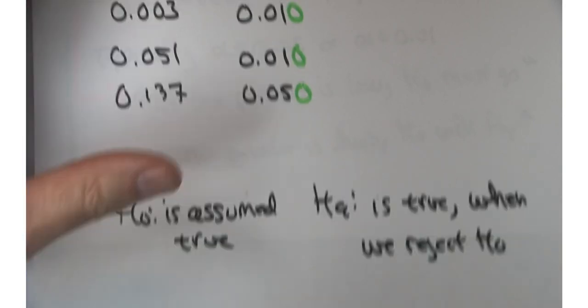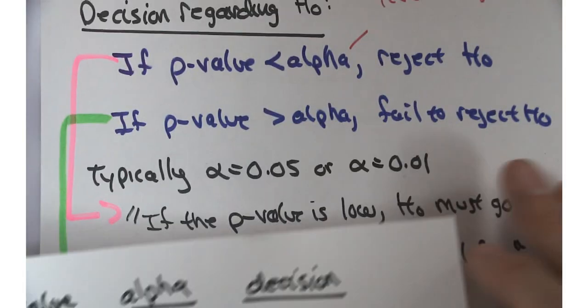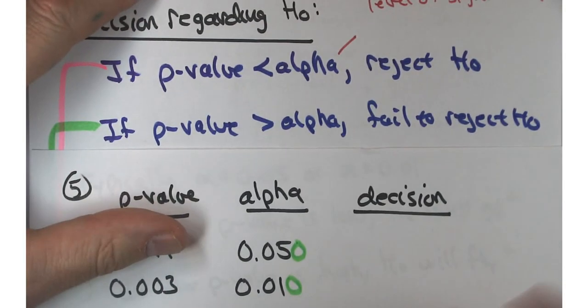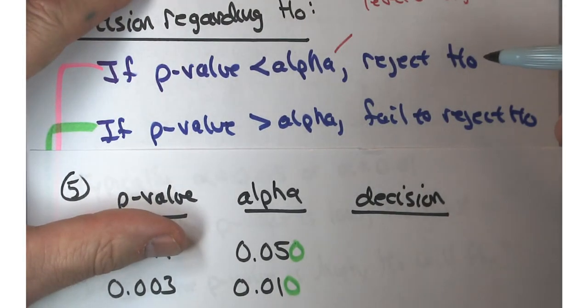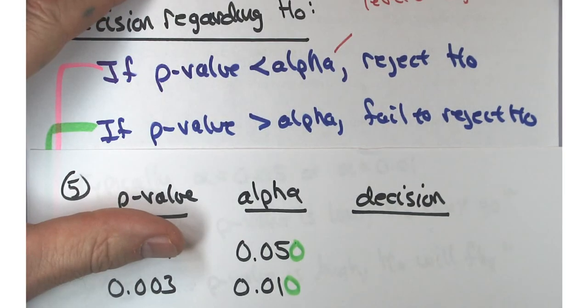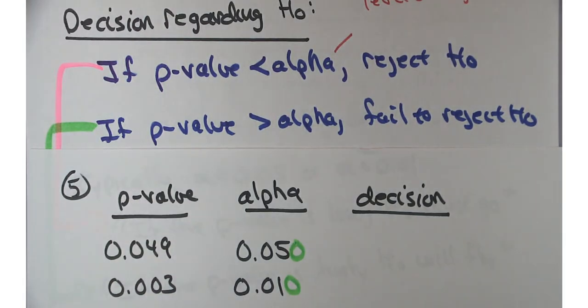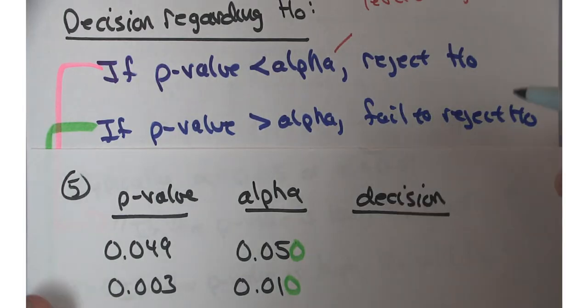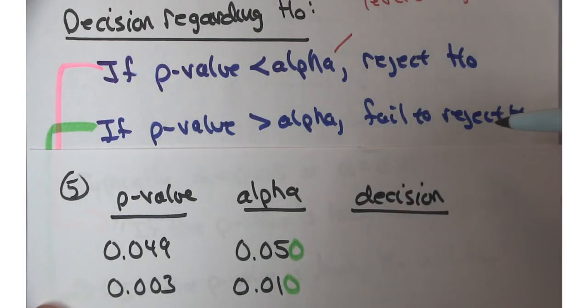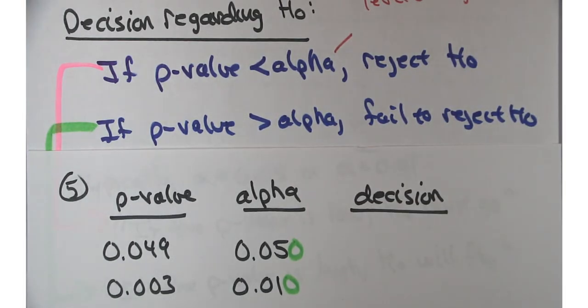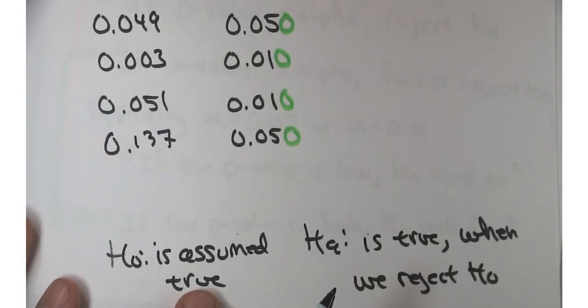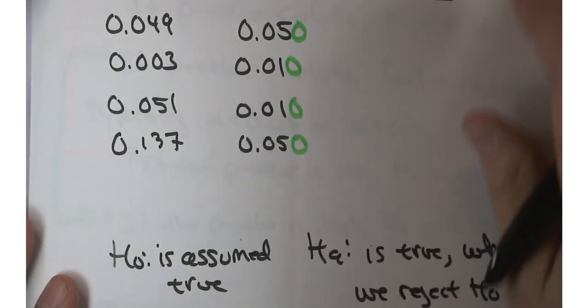So when you're talking about your null and alternative hypothesis and your decision, it's either reject H naught or fail to reject H naught. I used to say accept, and then I changed that because you're assuming this is true. And saying accept almost feels like you're saying that we think it's true. We don't know if it's true or not. We just didn't prove that it was false.